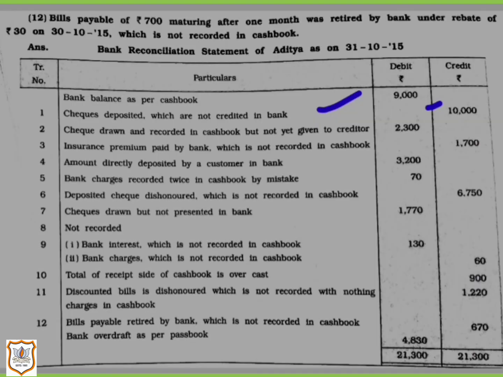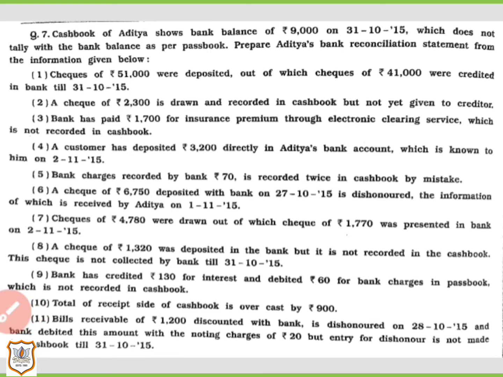Information number second. Here it is, a check of rupees 2,300 is drawn and recorded in cash book, but not yet given to creditor. Here trader has issued or drew a check and he has recorded it in cash book, because of which bank balance as per cash book will decrease.